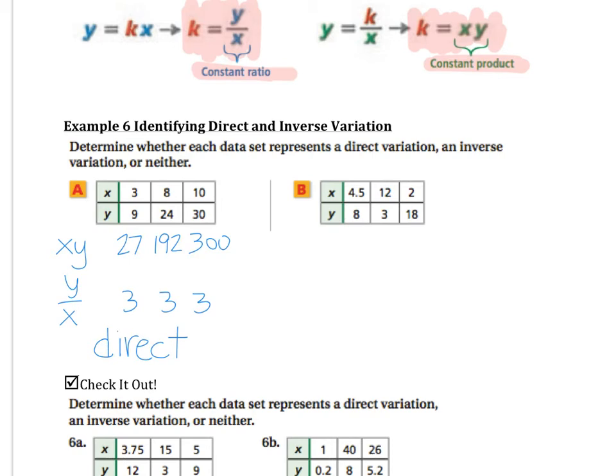So in the second one, if I do a product, 8 times 4.5 is 36, 3 times 12 is 36, 18 times 2. So I have a constant product, so this is an inverse.